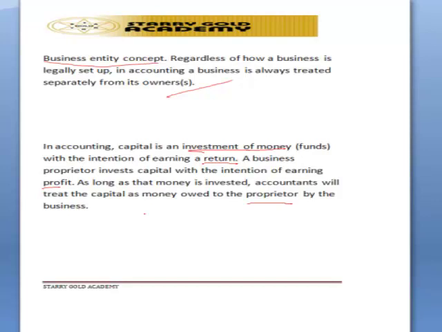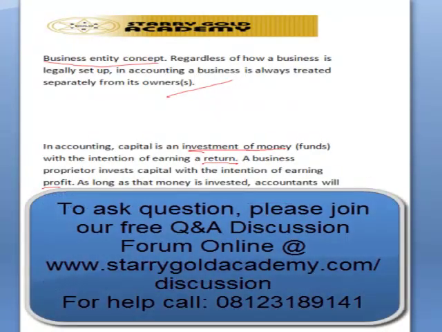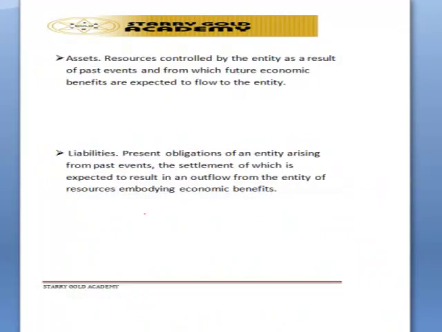Now let's quickly look at the components of the accounting equation: assets and liabilities, and their recognition according to accounting standard IAS 1. This definition is based on IAS 1. So let's look at what assets are. Assets are resources controlled by the entity.